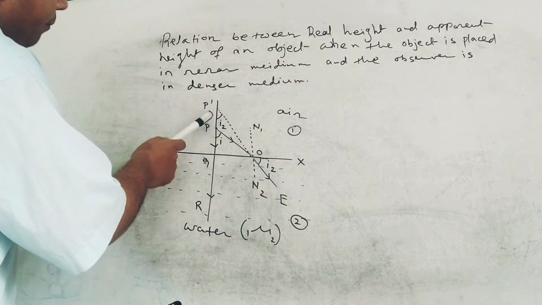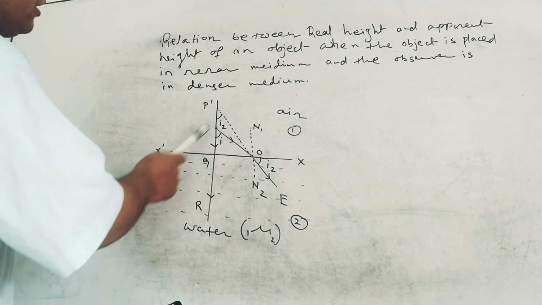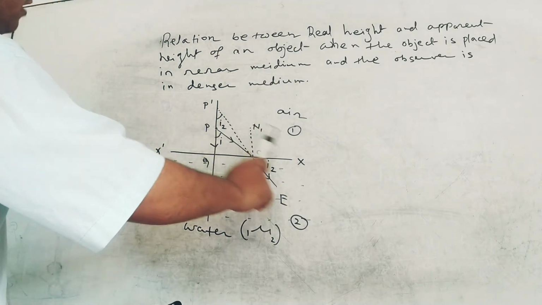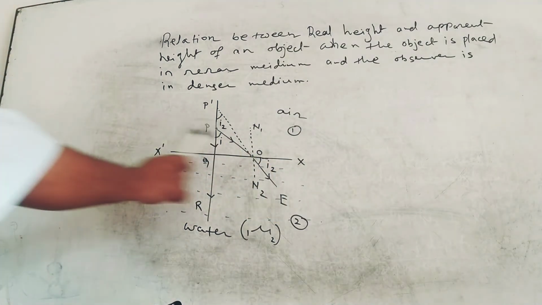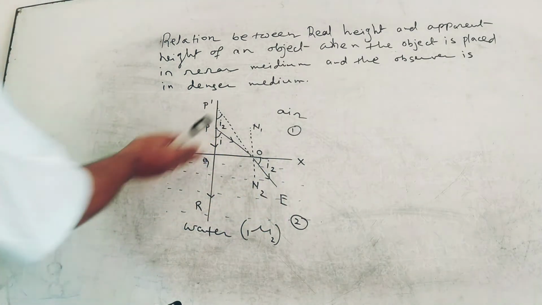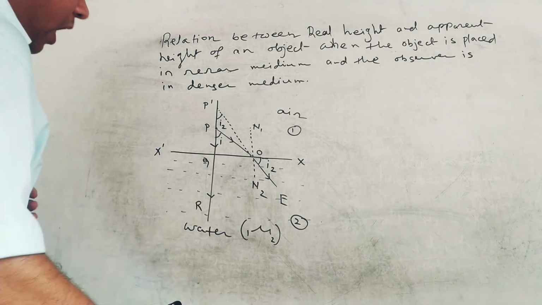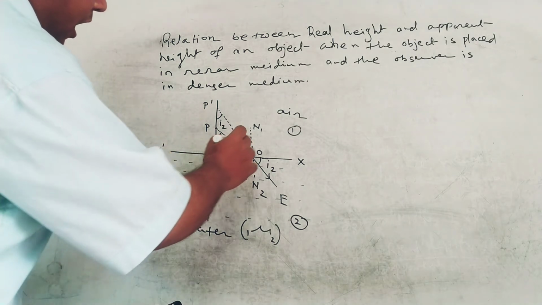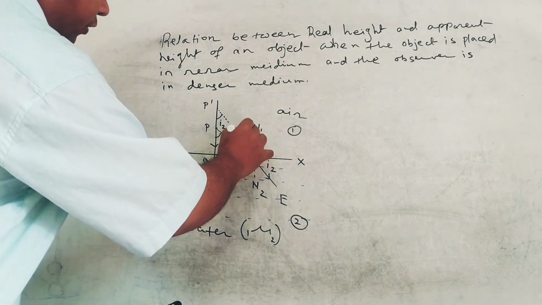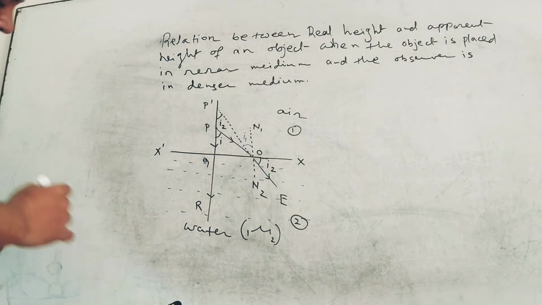That's why P prime is the image of P, where PQR is normal to X prime X. X prime X is the plane which separates the two media, the rarer medium and the denser medium. In this case, I1 is the angle of incidence and I2 is the angle of refraction.